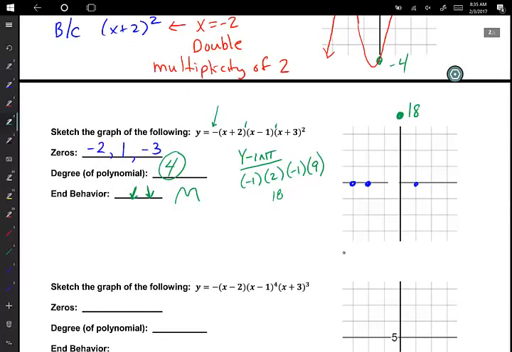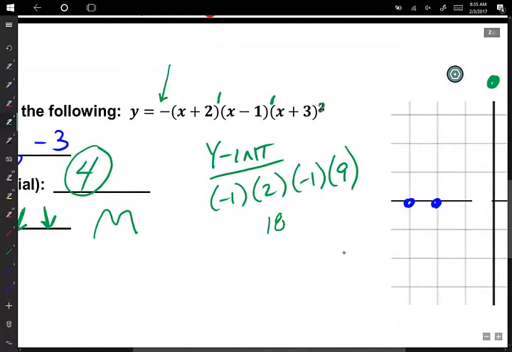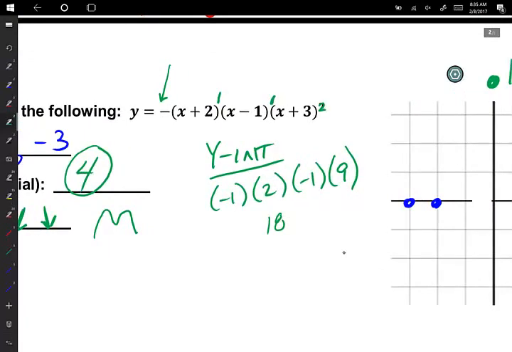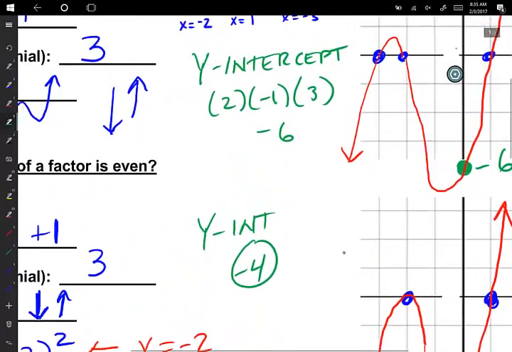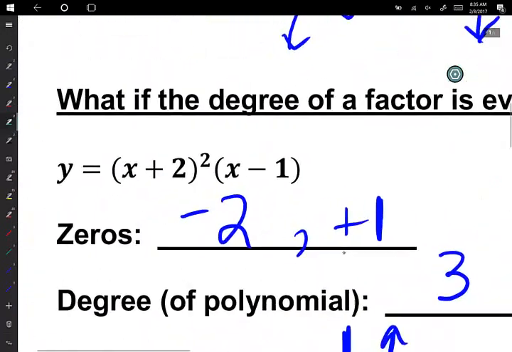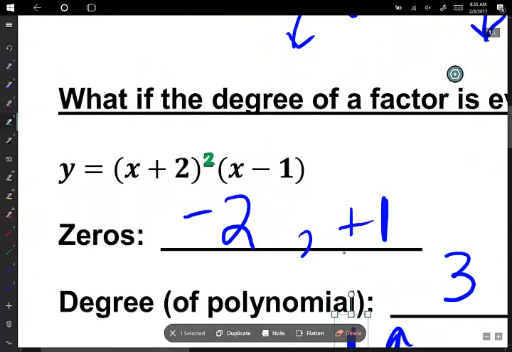How do you find the degree? You add up all of the factors. So x plus 2 is one factor. X minus 1 is another factor. So now my degree is 2. And x plus 3 squared is 2 more factors, so my degree is 4. If I come up top here, x plus 2 squared, there's 2.